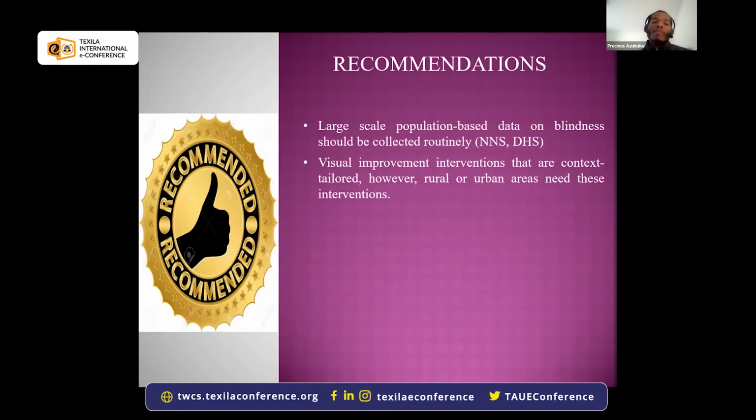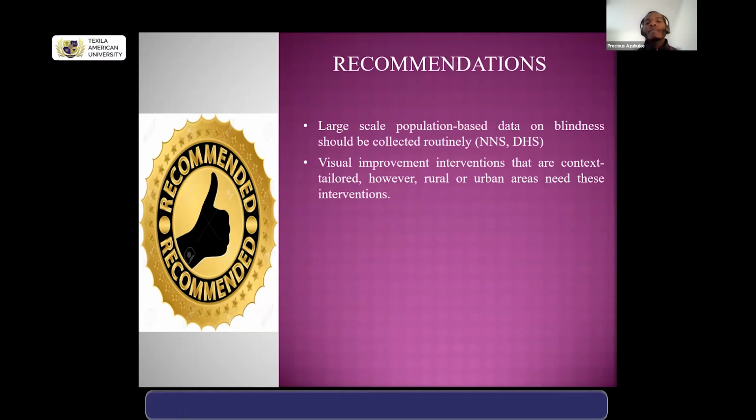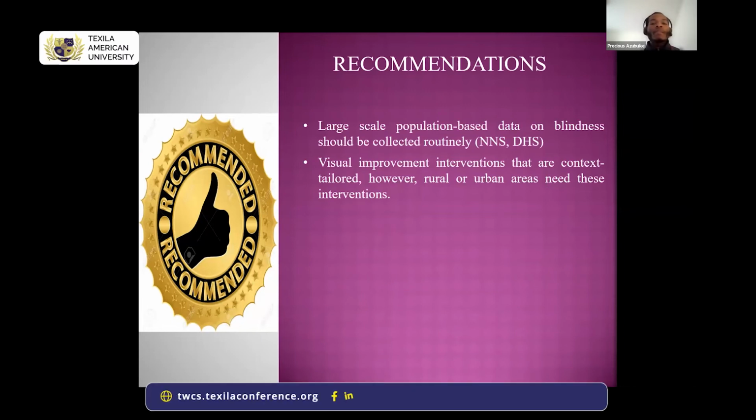From our findings, there should be population-based data on blindness. It should be routine. The large-scale population survey we had was from 2007, and a lot has happened in about 15 years now.